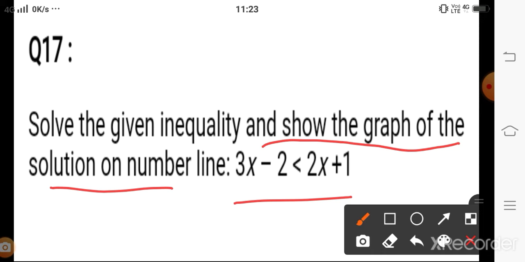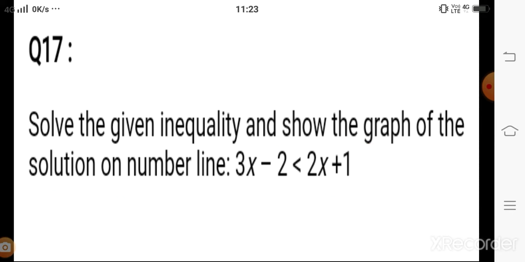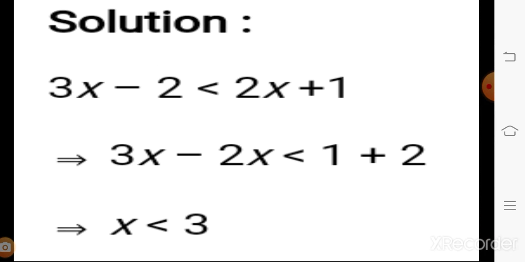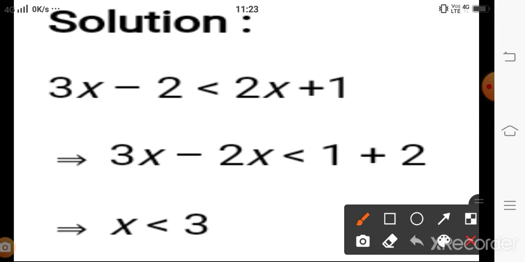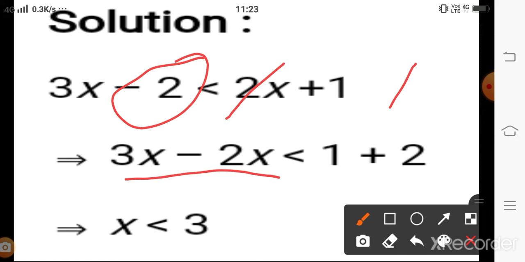First of all, we remove 2x, so we get 3x minus 2x, and 2x cancels out on the right hand side. To remove the minus 2, we add 2 on both sides. On the left hand side the 2 cancels out, and on the right hand side we get 1 plus 2. Then 3x minus 2x gives x, and x is less than 3.